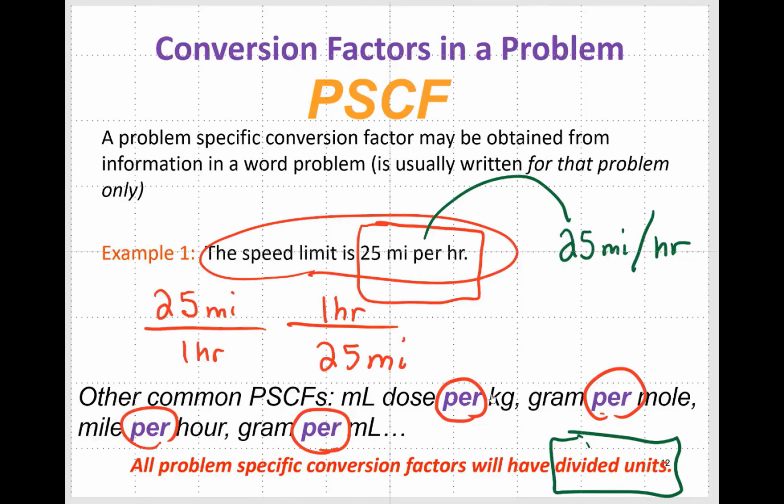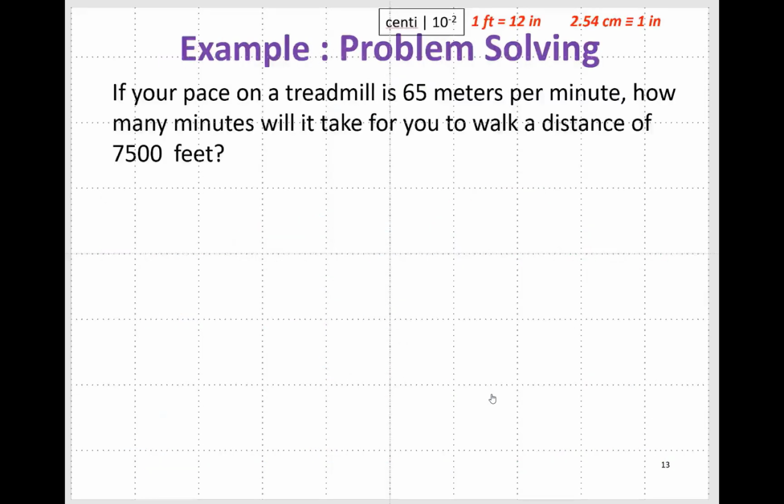Let's go through a problem that uses a problem-specific conversion factor. In this problem, it says if your pace on a treadmill is 65 meters per minute, how many minutes will it take for you to walk a distance of 7,500 feet? So in this problem, we're looking for minutes, a unit of time. And we're given here 7,500 feet, so we're given a unit of distance.